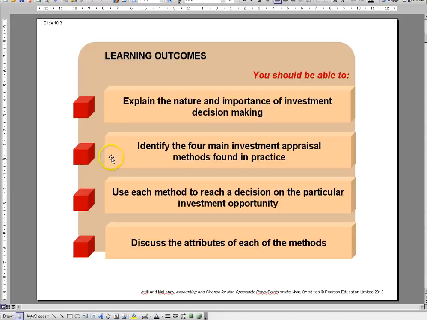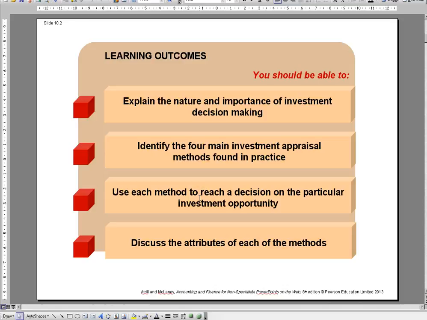So what we want to do here, we'll quickly whip through these, explain the importance of it, identify four main investment appraisal methods that are found in practice. So we'll be looking at ways in which companies assess whether or not it's worthwhile to undertake a particular process, and use each method to reach a decision as to whether to invest or not invest, or indeed whether to delay the investment.